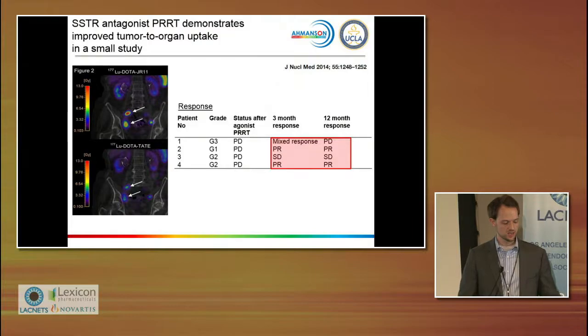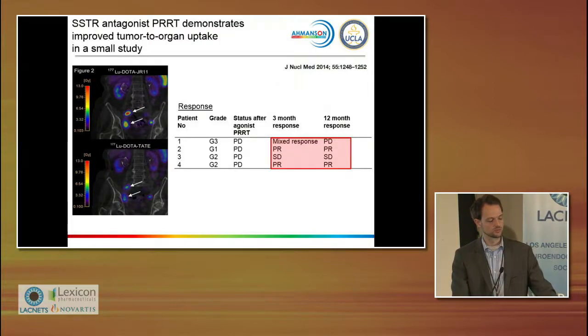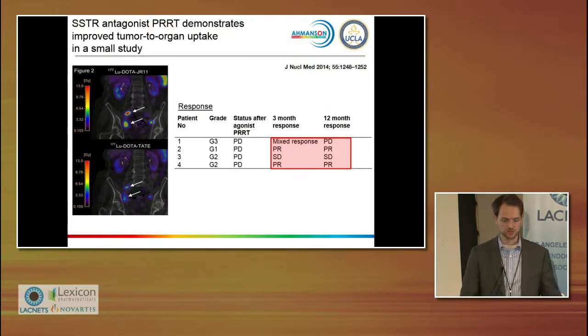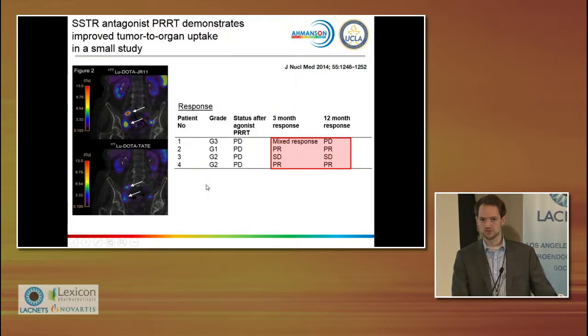What does it really mean in terms of treatment outcome for these patients? Again, 4 patients have been treated. The grade of neuroendocrine tumors was intermediate to high, so grade 3 is already pretty dedifferentiated.